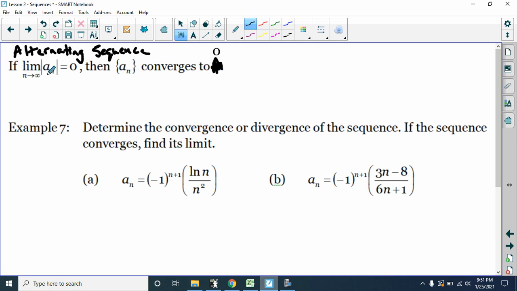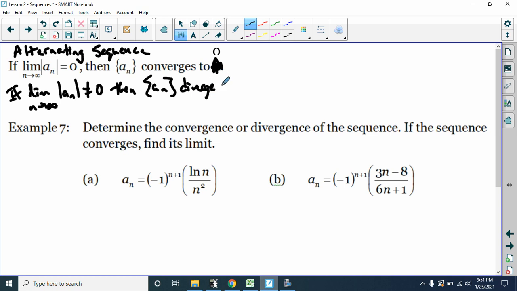If the limit as n approaches infinity without the negative is 0, then the sequence converges to 0. If the limit is anything but 0, so if it diverges or it goes to something other than 0, then the sequence diverges.